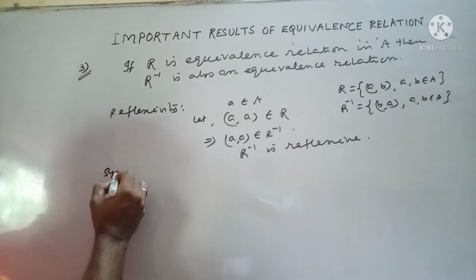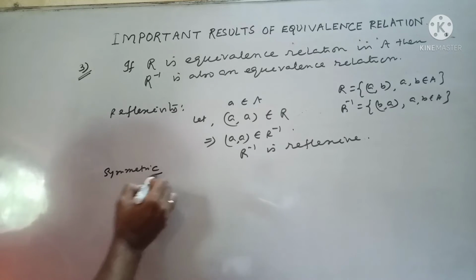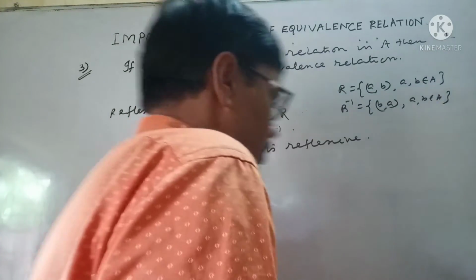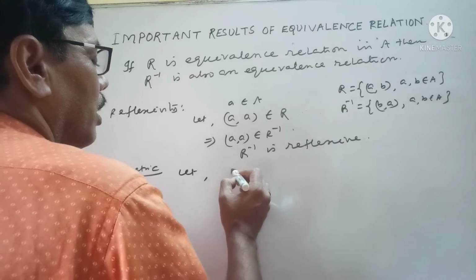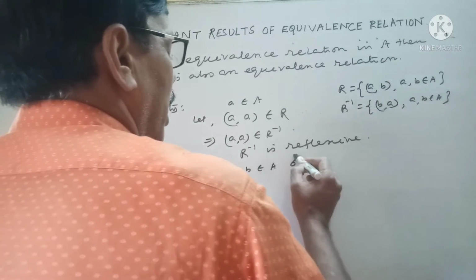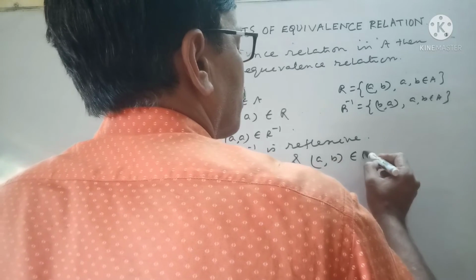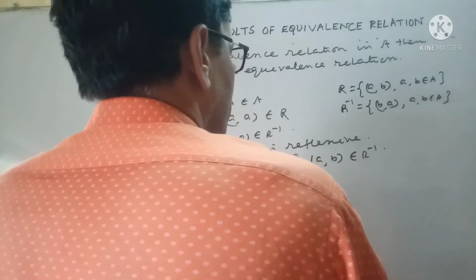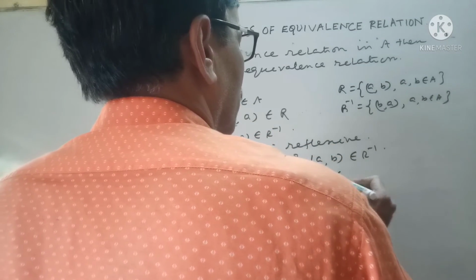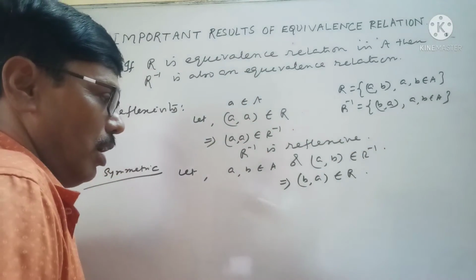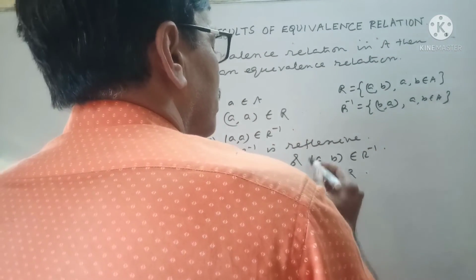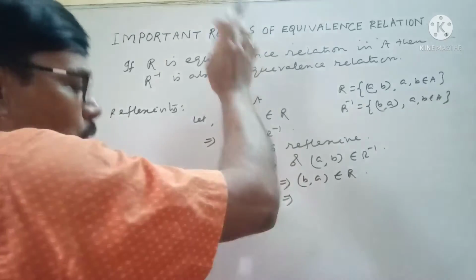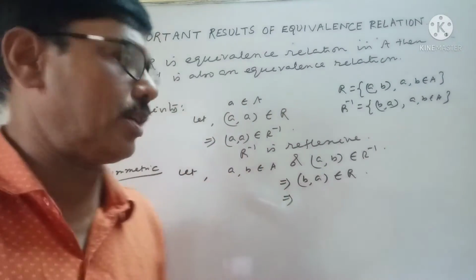Then symmetric. Let a, b belong to A and the ordered pair (a,b) belong to R inverse. Therefore, from the definition of the inverse relation, (b,a) belongs to R. Now, since R is an equivalence relation, R satisfies symmetry.